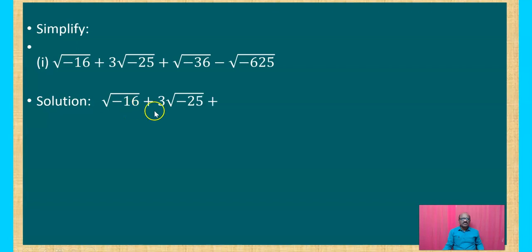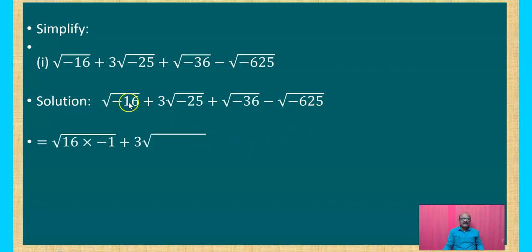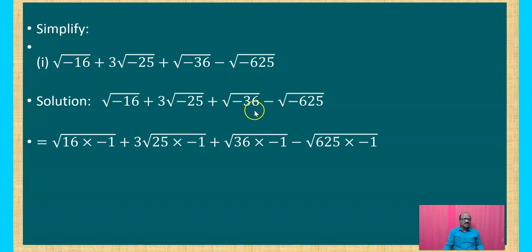Root of minus 16 plus 3 root of minus 25 plus root of minus 36 minus root of minus 625. Now minus 16 can be 16 into minus 1, plus 3 into 25 into minus 1, plus 36 into minus 1, minus 625 into minus 1. Here there must be a bracket.